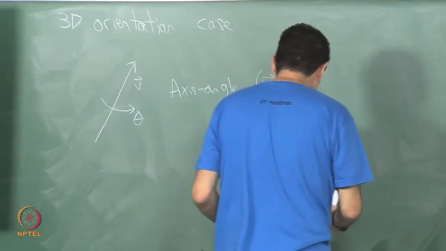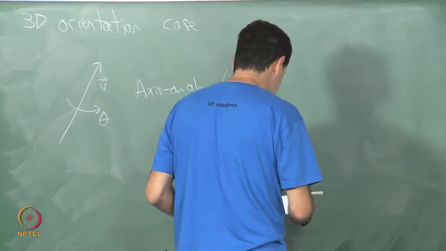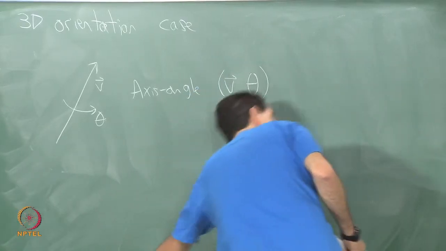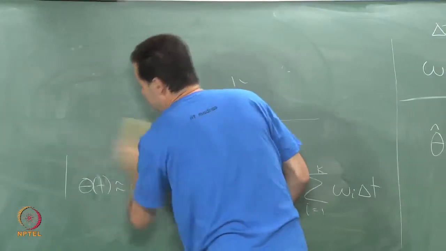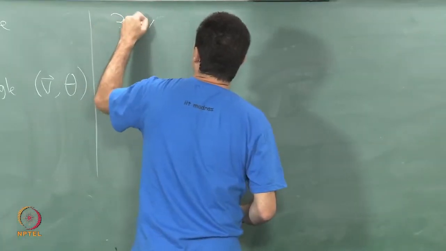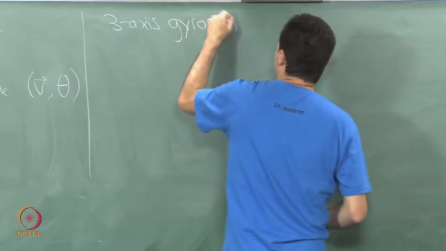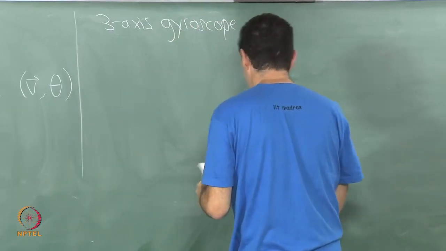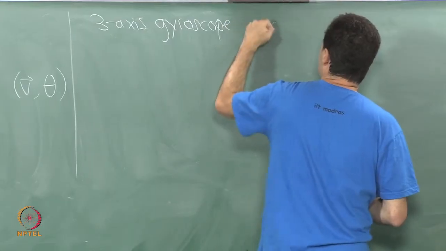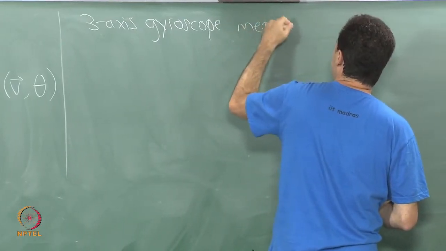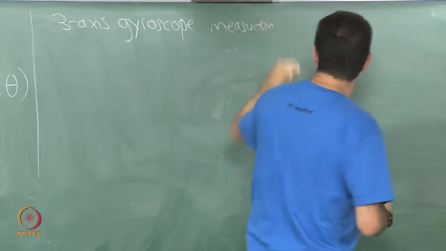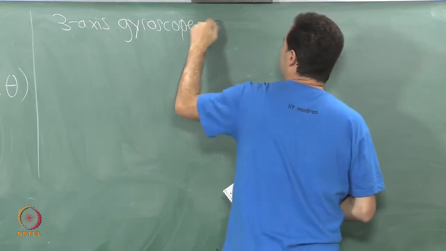So if we look at the gyroscope measurements, we draw here to the side. We have what's called a 3-axis gyroscope. So we have 3-axis gyroscope measurements or readings.